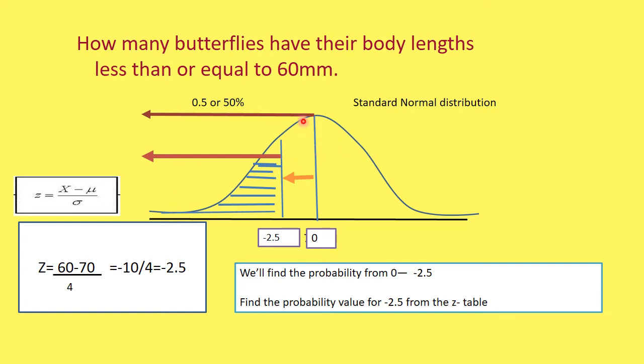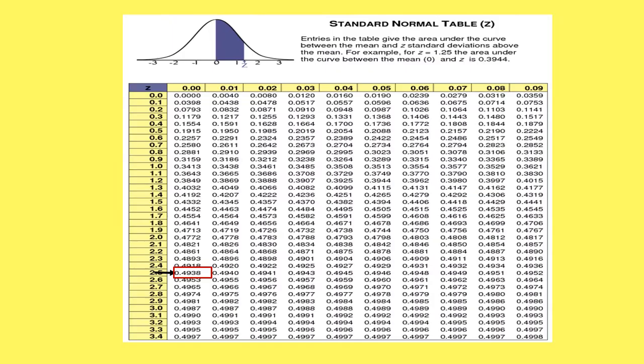Then what we need to do, we all know the probability of this half is 0.5. We have to remove from 0.5 the probability from 0 to minus 2.5, which is some area under the curve. That area under the curve we need to find by using the standard normal distribution curve table.